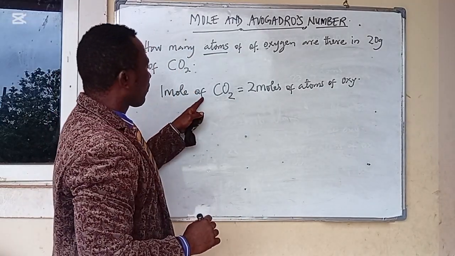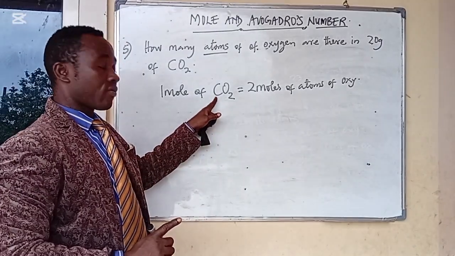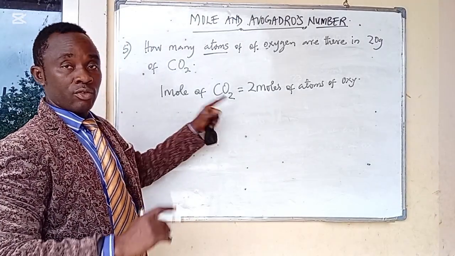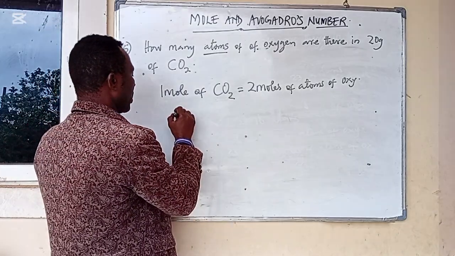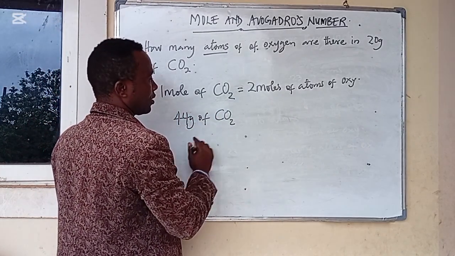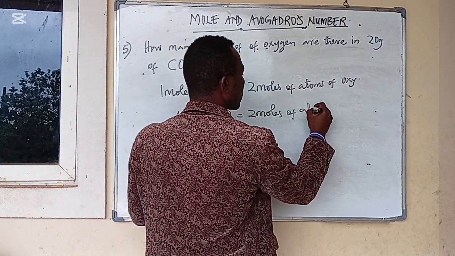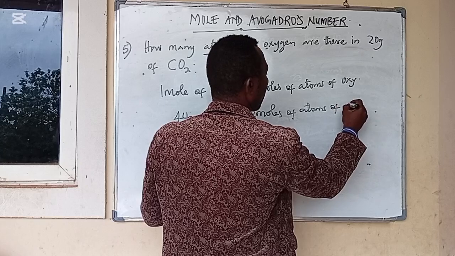Remember that 1 mole of carbon 4 oxide is the molar mass of carbon 4 oxide: 12 plus 16 times 2, it will give you 44. So what it simply means is that 44 grams of carbon 4 oxide will contain 2 moles of atoms of oxygen.